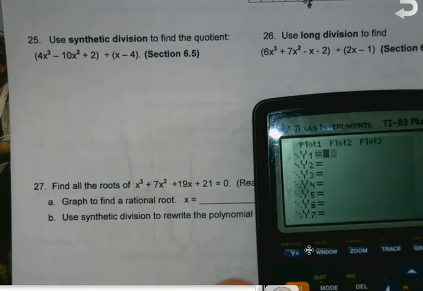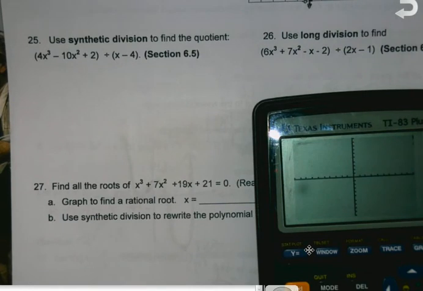Alright, so we got x cubed plus 7x squared plus 19x plus 21. Okay. So we're going to graph. It says find all the roots. You're like, find all the roots? What the heck? It looks like I've only got to deal with 1 here.